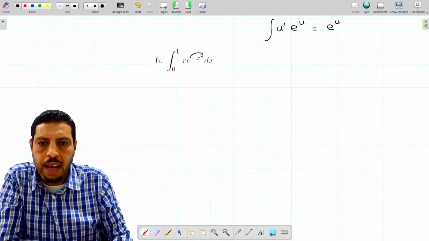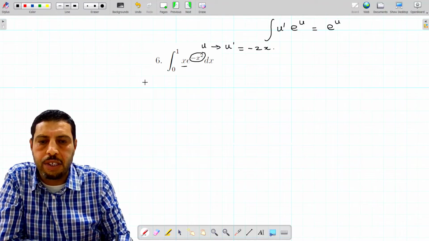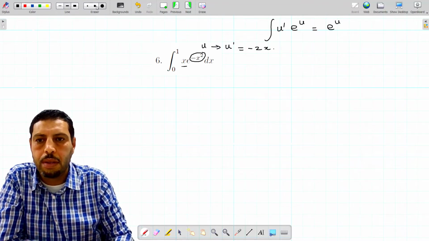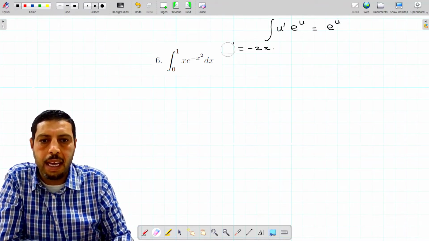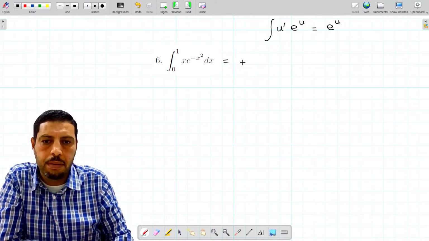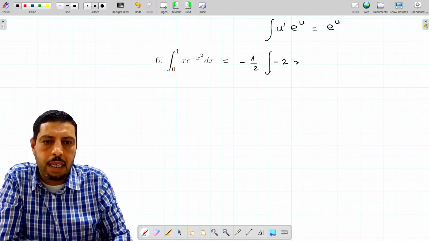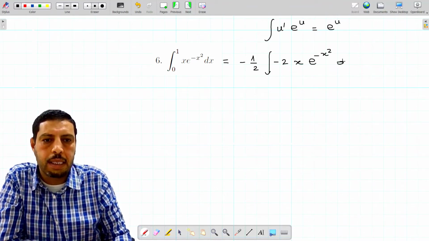So if I take this as u, u prime is minus 2x, and I have x here, so I need a minus 2. So I will multiply and divide by minus 2 to get this integral. So it's equal to minus 1 over 2 times the integral of minus 2x exponential minus x squared dx.